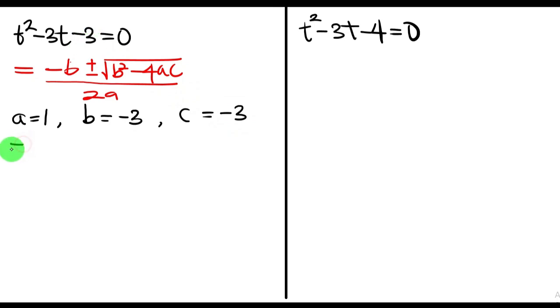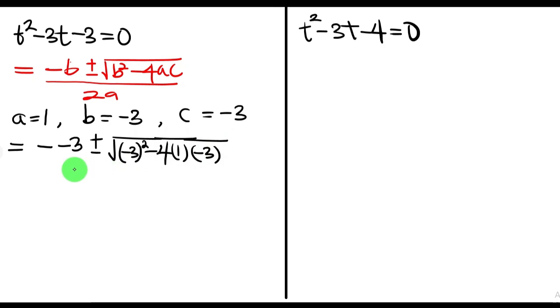Then substituting this into my formula, I'm going to have this minus written, then the value of b is minus 3 here, minus minus 3, plus or minus the square root of b, and b is minus 3, so I have minus 3 all squared, minus 4a, and the value of a is 1, then c, the value of c is minus 3 also, everything over 2a, and my a is 1.